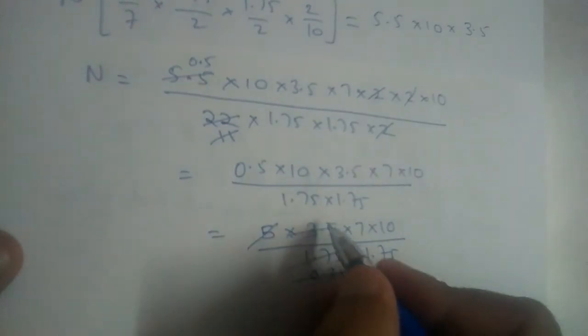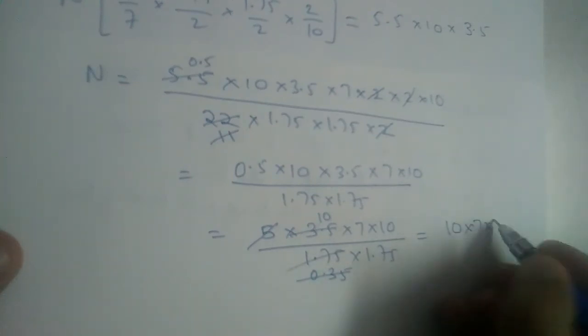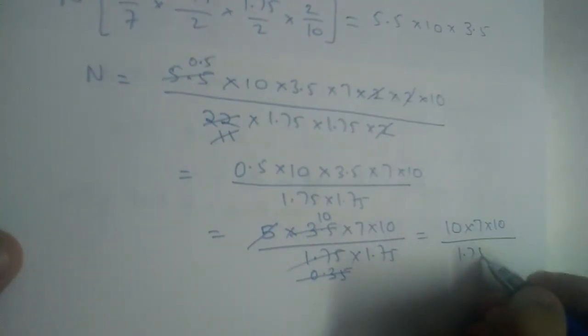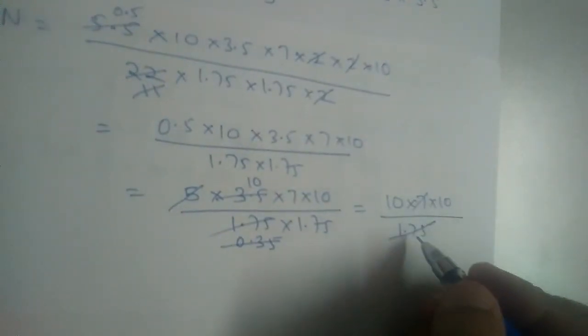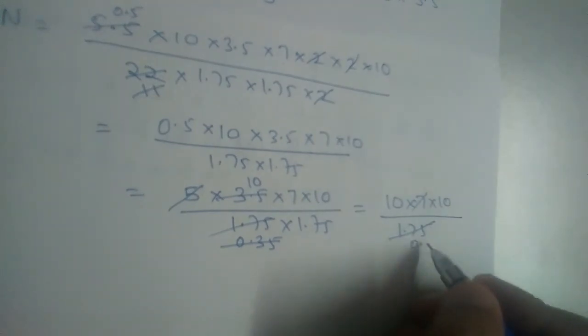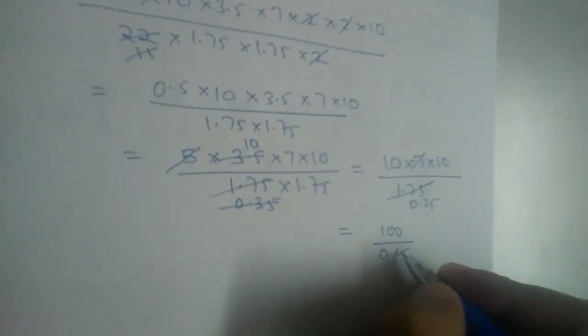0.35 will go in 3.5 10 times. So this is 10 into 7 into 10 divided by 1.75. Okay, so 7 25 is 175, so this will be 0.25. So this is 100, 10 tens are 100 divided by 0.25.